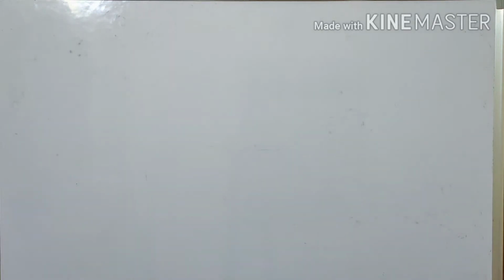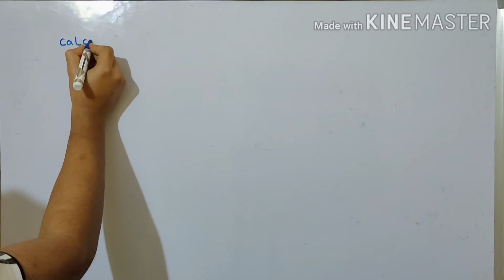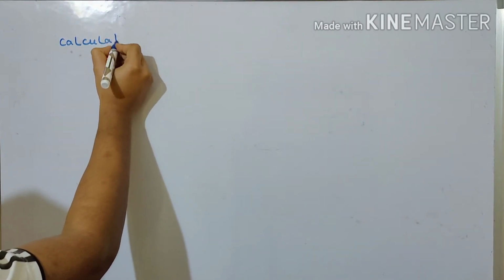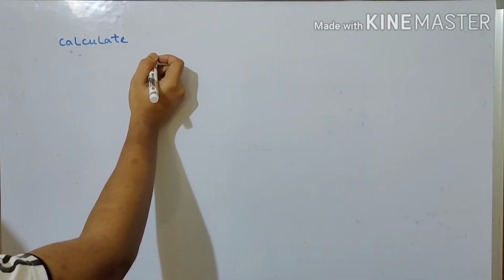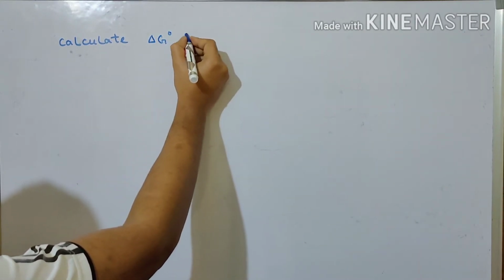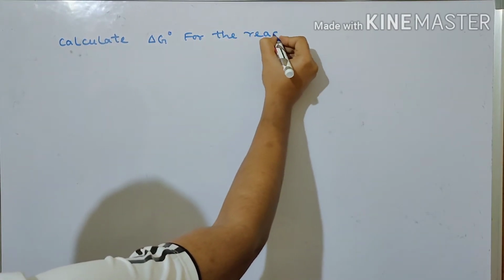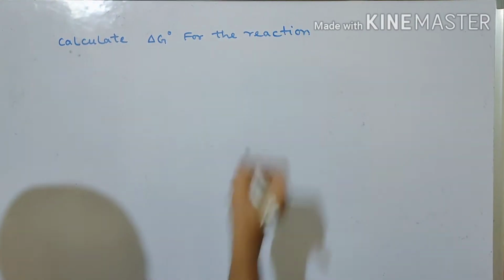Now let us solve some related problems. So let me write down the problem first, then we are going to solve it. You also write it down. Question is, calculate delta G0 for the reaction.